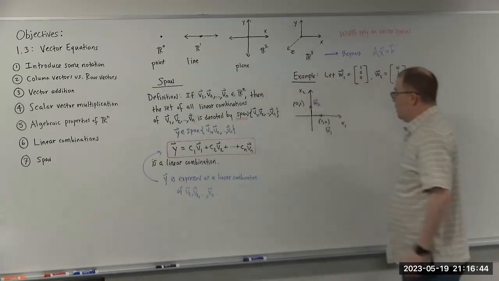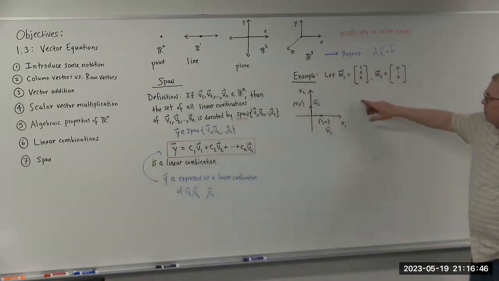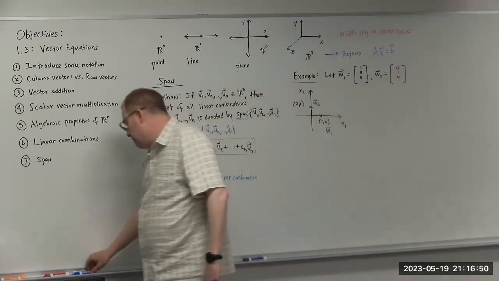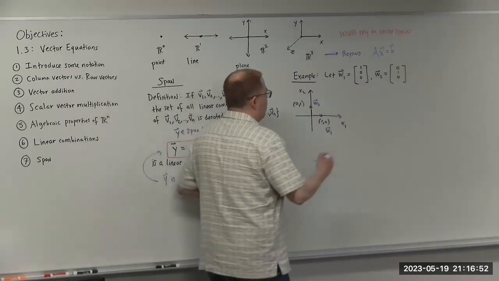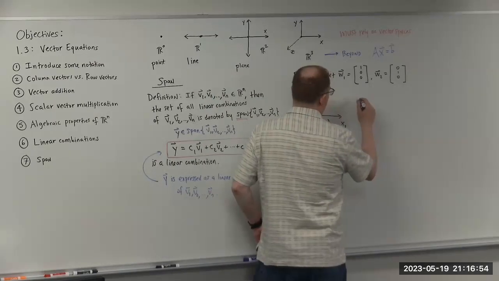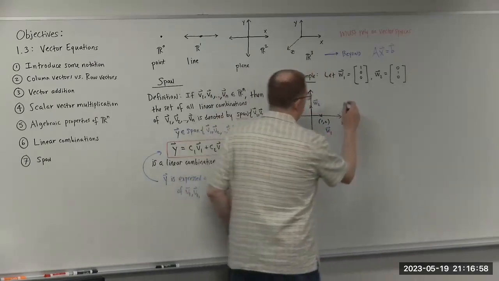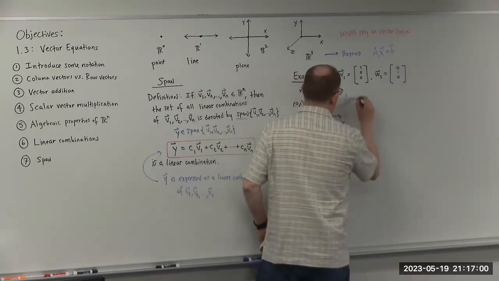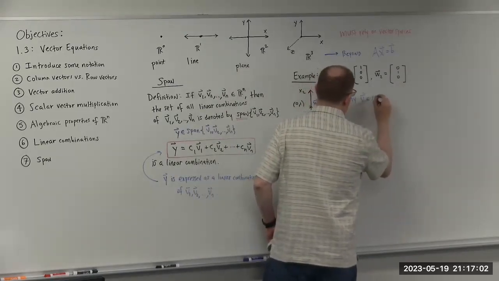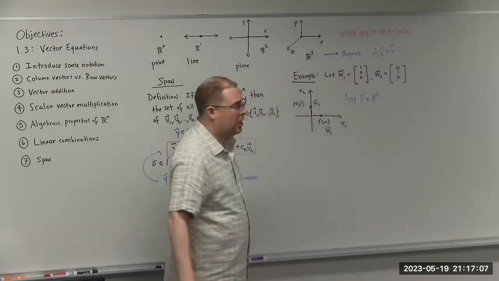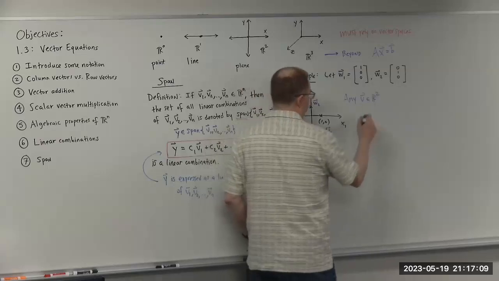It turns out, very important here, that if I pick any vector V in R2, then V can be represented as a linear combination of W1 and W2.